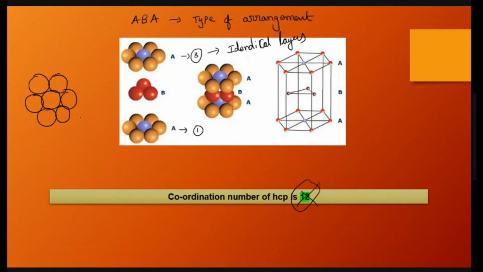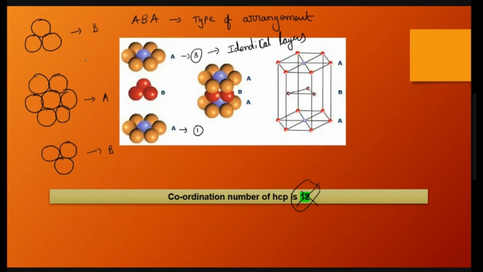Right. So say for example, this is the first layer, I'll call this A type of layer. After the A layer, you'll get the B layer. So this is the B layer. Below the A layer, again one more layer, you have a B layer.